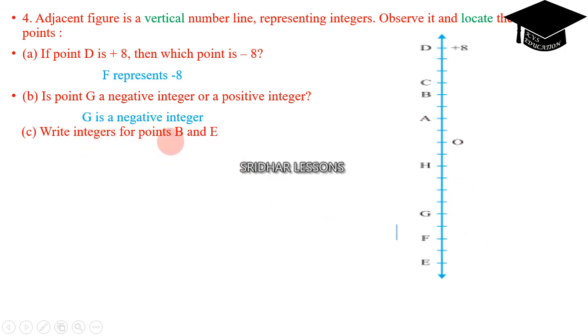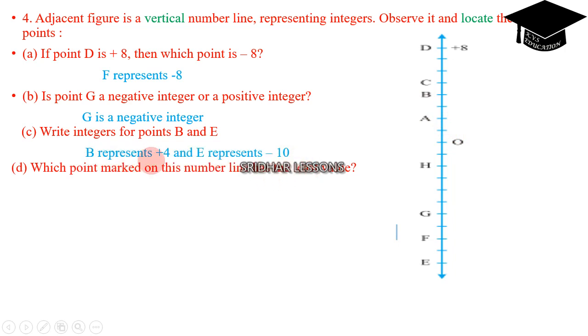Write integers for points B and E. From this position, we have to go to the top in the upward direction 1, 2, 3, 4. So B represents +4 and E represents -10. First position, second, 3, 4, 5, 6, 7, 8, 9 and 10. Since it is below, it is -10.